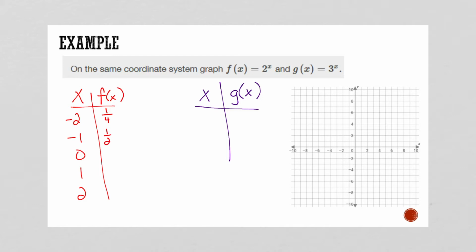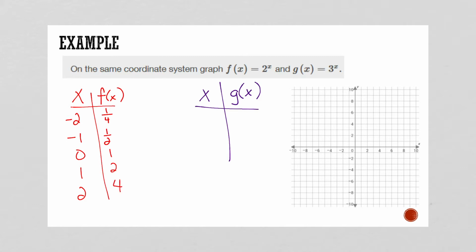If I put 0 up in the exponent, 2 to the 0 power, remember anything raised to the 0 power is 1. Then if I put 1 up in the exponent, 2 to the first power is just 2, and 2 up in the power, then I've got 2 squared, which is 4.